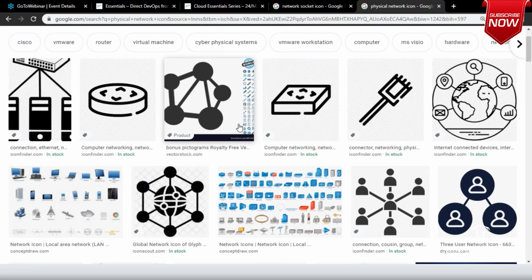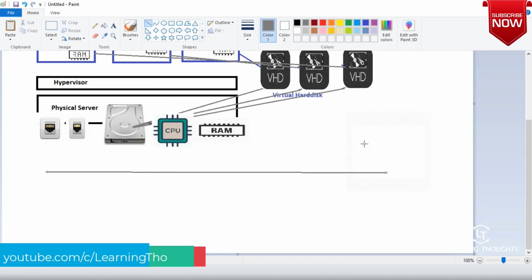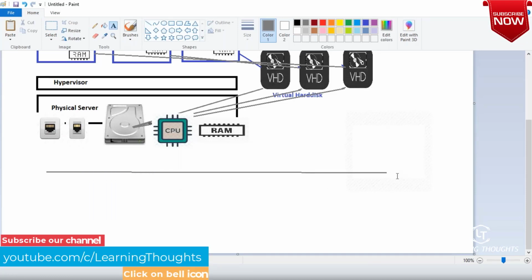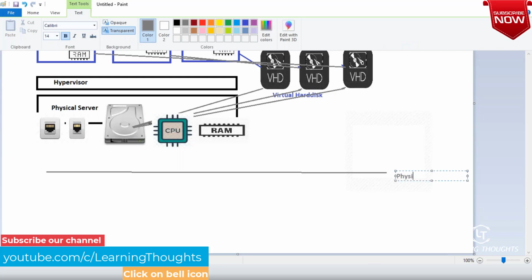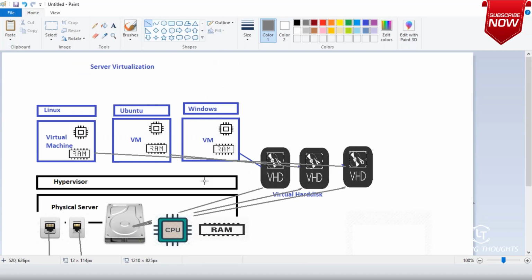Let me put it in this way. This is a physical network which your office has. And your servers are generally connected to this physical network. The reason why I'm drawing two sockets is you can have two sockets.